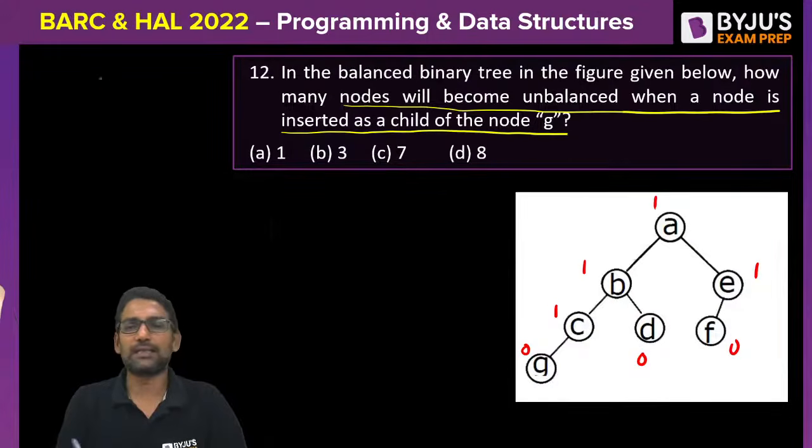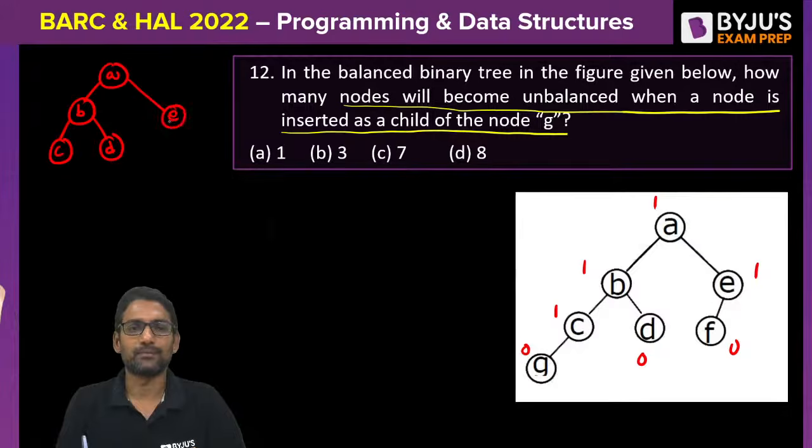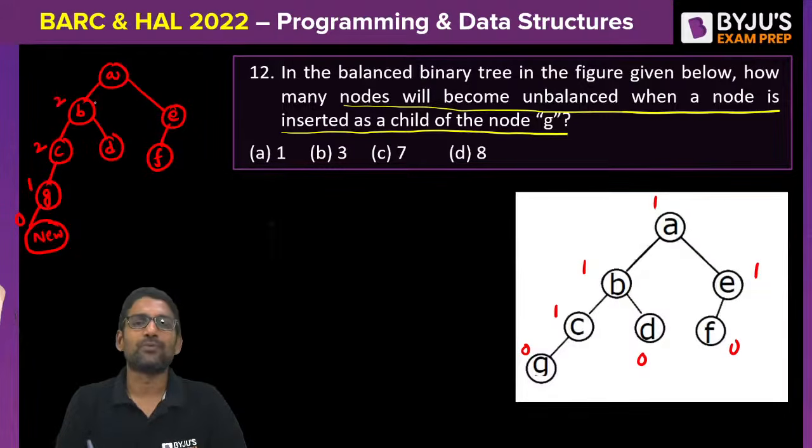Now I would like to insert a new node as a child to G. So it can be either a left child or a right child, right? Suppose I insert as left child. Now the balance factor of the new node would be 0, G would be 1, C would be 2, B would be 2, F and E will not have any change, and A would be 2.